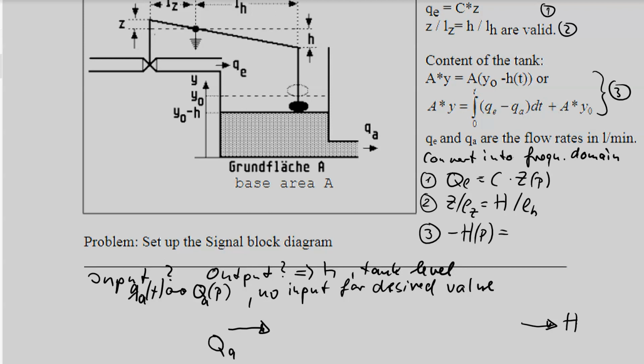The result is, and the integration in frequency is nothing else than a multiplication with, oh sorry, I have forgotten the A. The A times minus H is minus A times H, and on this side we have an integration. 1 divided by p is the replacement of integration, multiplied with the difference QE minus QA.